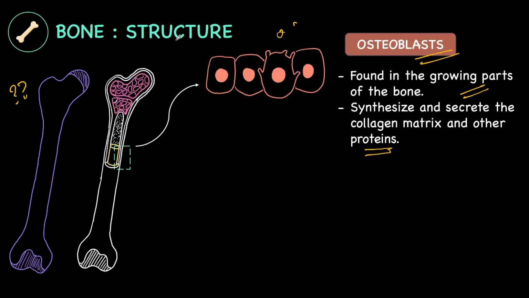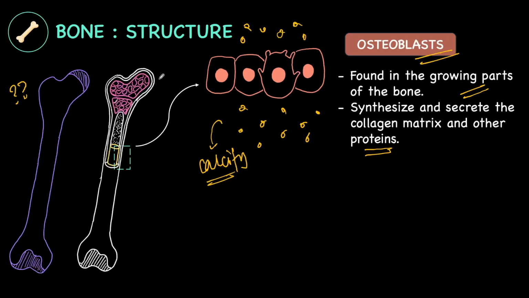As they secrete this, and as the secreted matrix surrounding the osteoblast starts to calcify, which means it starts to have depositions of calcium salts, the osteoblasts also become trapped within it.